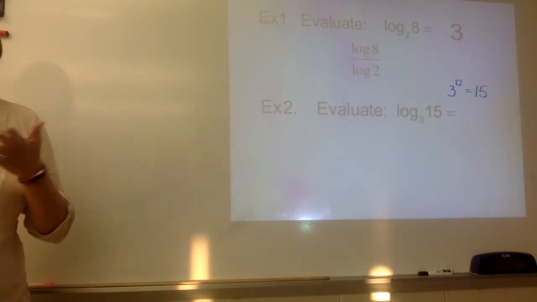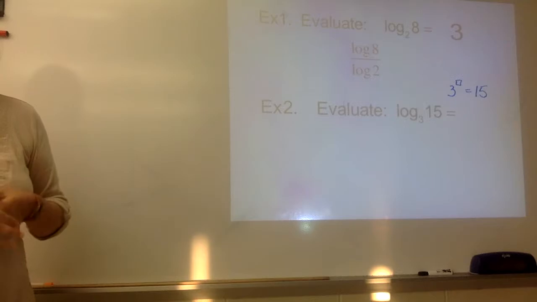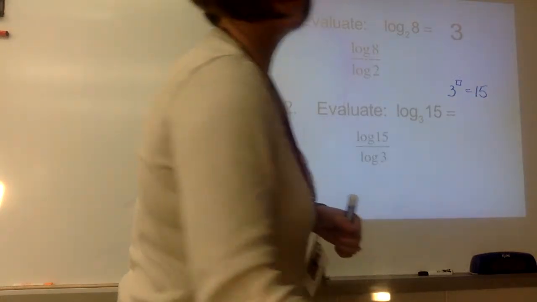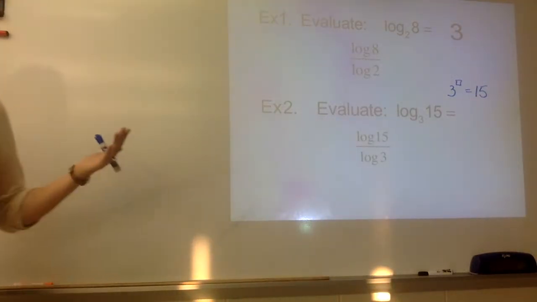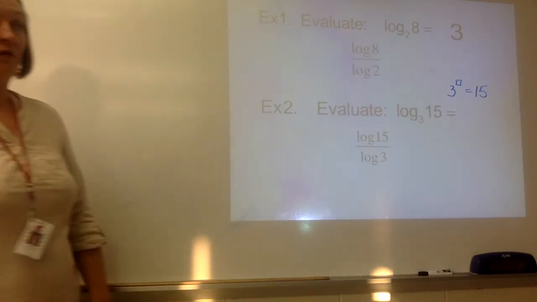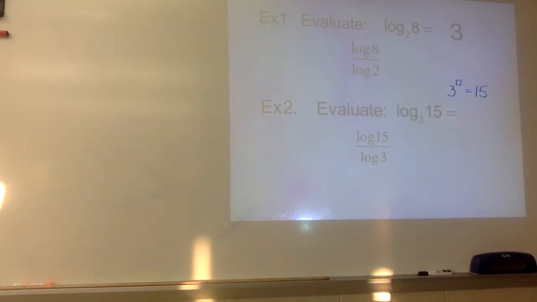It's between 9 and 27. So your answer should come out to a decimal bigger than 2 but smaller than 3. Put this in your calculator. You can use the change of base formula. Personally, I always use log base 10 just because it's easy just to remember one formula. What do you get? Log base 15 divided by log of 3.